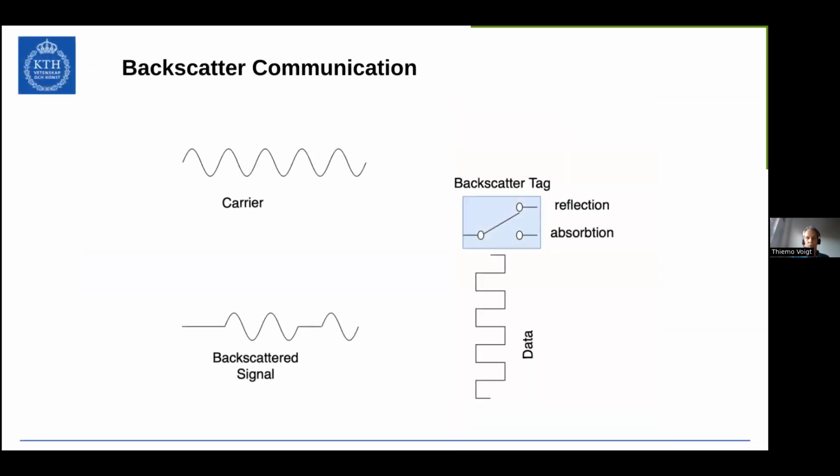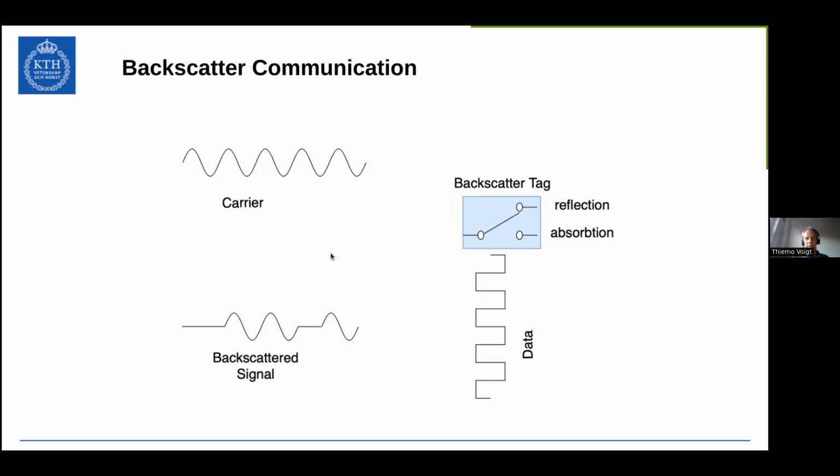So what we want to do is put backscatter communication into place. Backscatter communication has the possibility to drastically reduce the energy consumption for communication. The main idea is that it is very expensive to generate a radio wave on which you modulate the data.